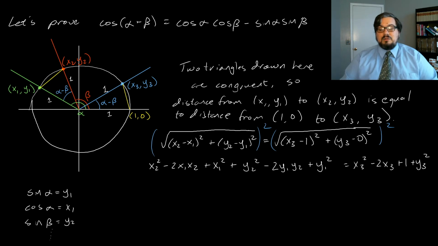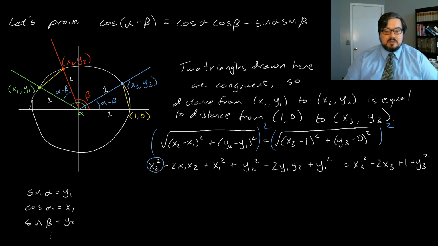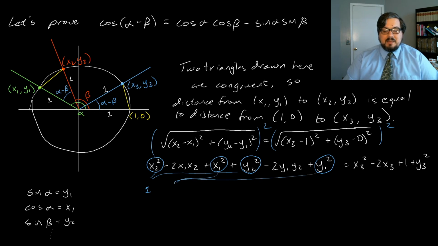So we've got a whole lot of pieces here. Now, one thing that I want to point out, though, is that we have a whole lot of sums here that are just 1. So x2 and y2, for instance, are the coordinates of a point on the unit circle, which means that x2 squared plus y2 squared equals 1. Similarly, x1 and y1 are the coordinates of a point on the unit circle, which means that if you add their squares up, you get 1.